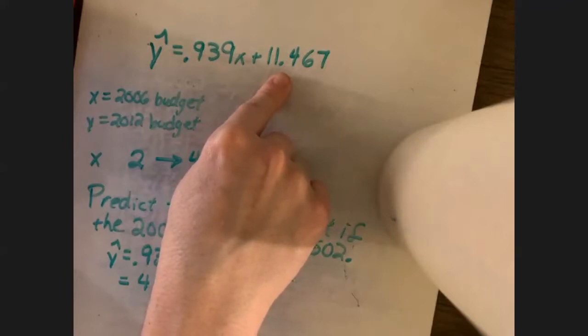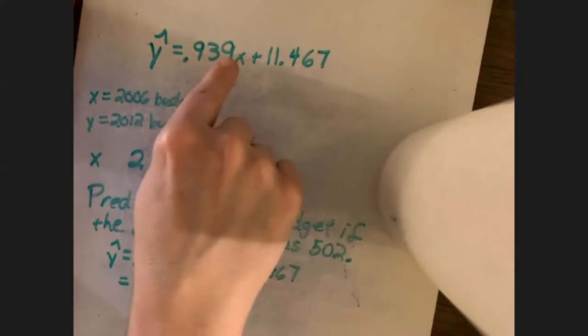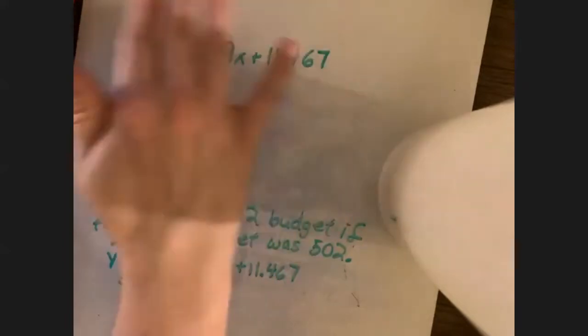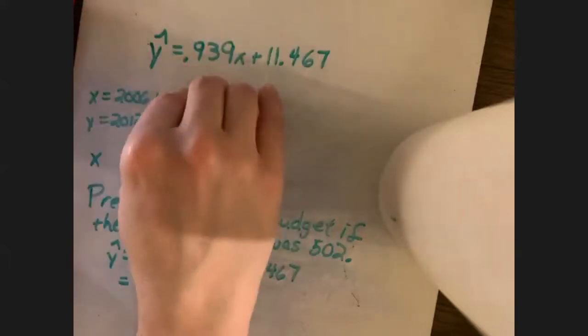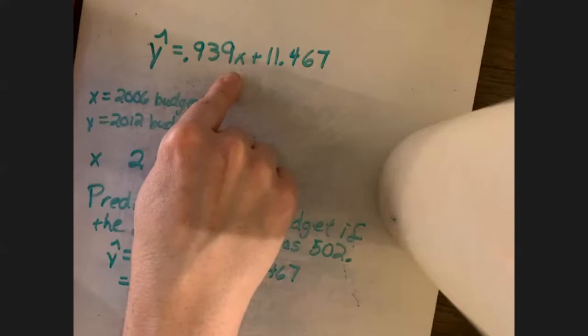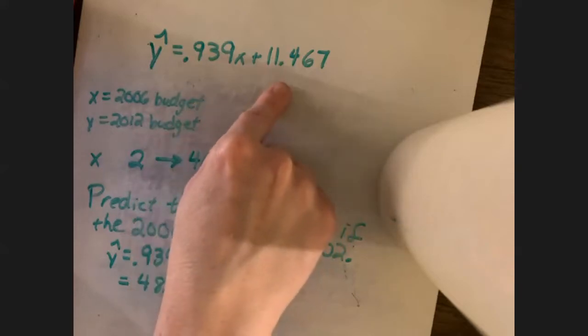If you think back to algebra, this would be the amount that you have when x is 0. So for this problem, if they did not have a budget in 2006, so they had 0 here, in 2012 they would have 11.47 million.